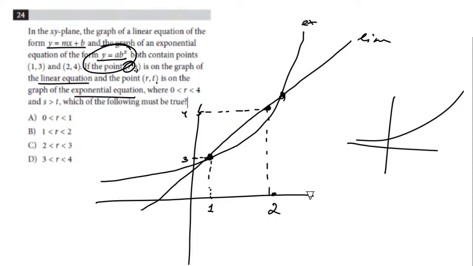So it's R, 4, I draw the 4. It's somewhere here, but it's still positive. And it says that S is more than T.